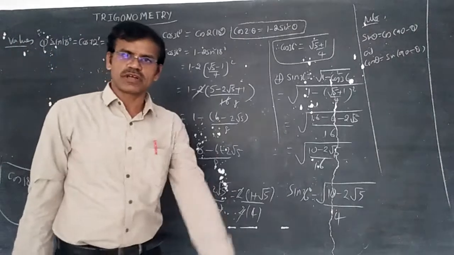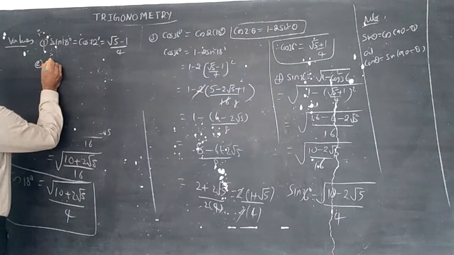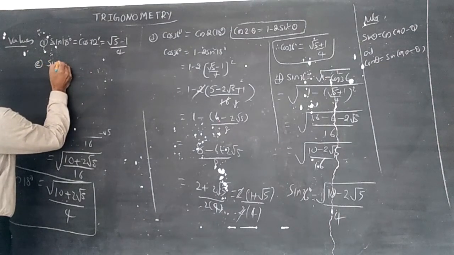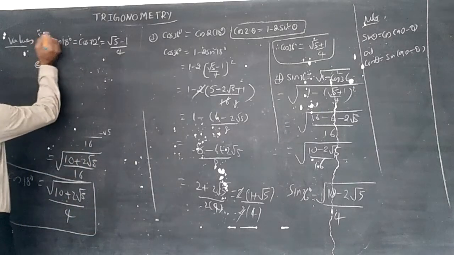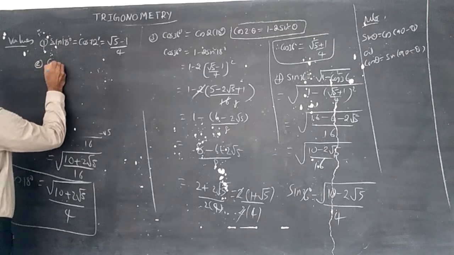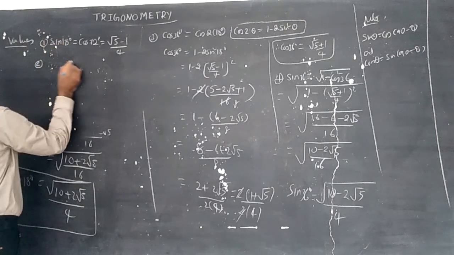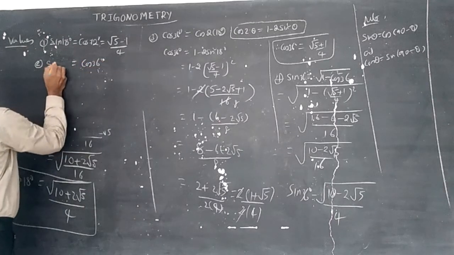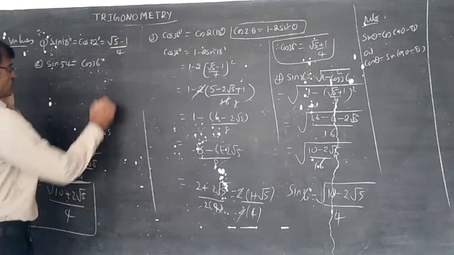It is the first formula. Second formula: cos 36 is better to take. Here cos, here sin we take: sin 54, because 90 minus 36 becomes 54.